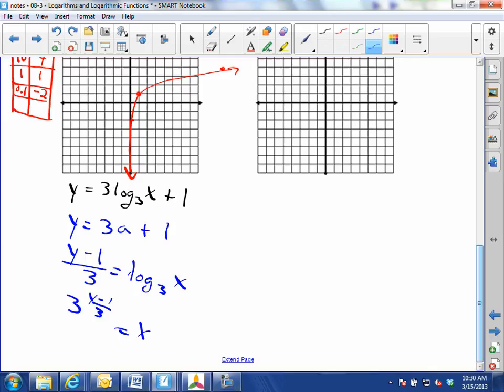Well, it's an inverse function, so you're switching x and y. That's why there's a difference.